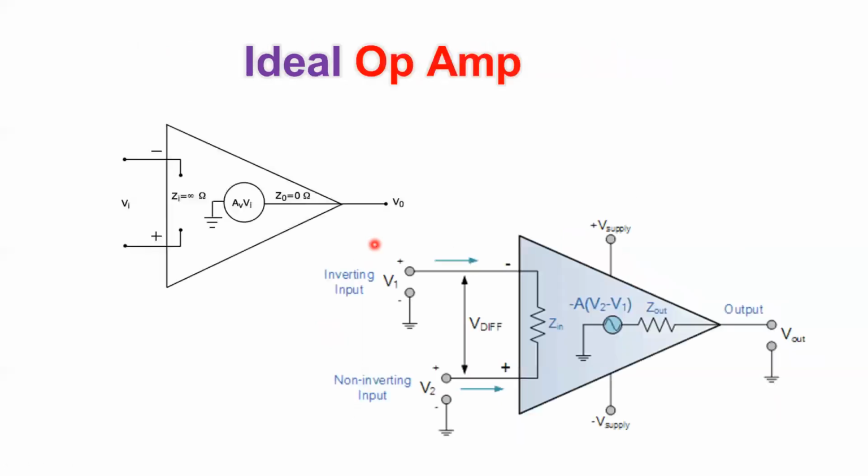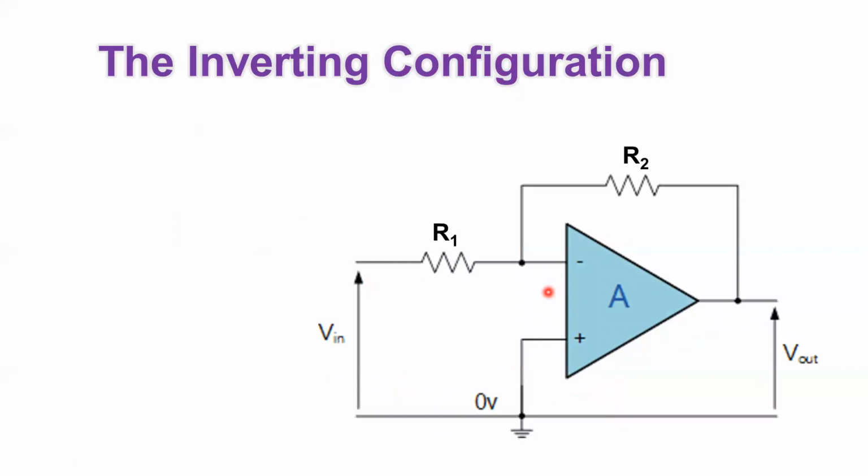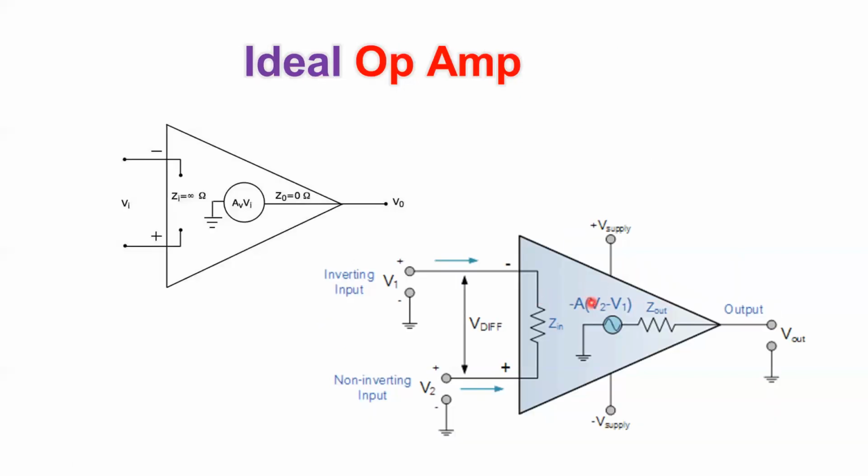But now let's turn to the ideal operational amplifier. As I mentioned, the ideal operational amplifier has an infinite input resistance and a zero output resistance. But as I mentioned, this is not all, we still have something else. Now, as you can see, the output is the input multiplied by some gain.